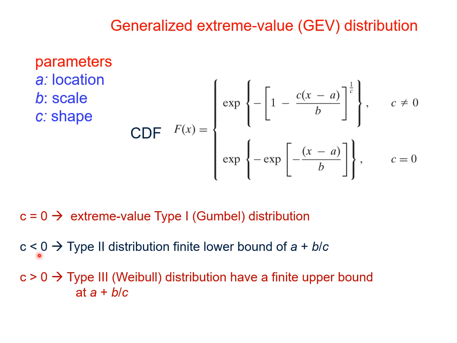When c is less than 0, it becomes the type 2 distribution, and when c is greater than 0, it becomes the extreme value type 3 distribution, which is also the Weibull distribution. Okay, so what are type 1, type 2, and type 3? Also in the next slide. And in this distribution, we need three parameters, a, b, and c, and they are called the location parameter, scale parameter, and shape parameter.